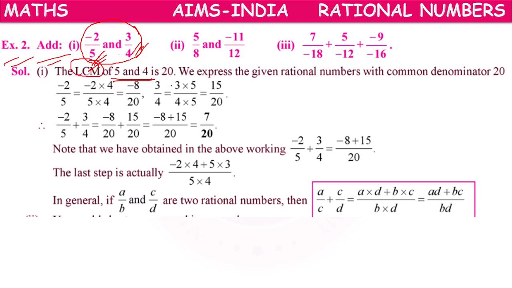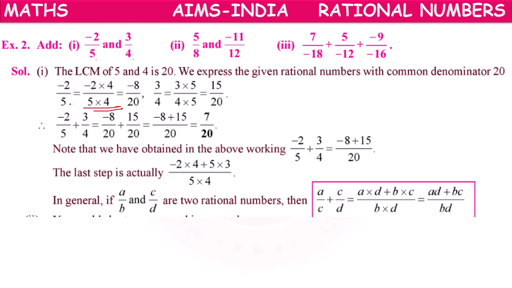So 5, 4: LCM how much, children? 20. So the LCM of 5 and 4 is 20. We have to express the given rational numbers with common denominator 20. So how to change the denominator to 20, children? Here we have 5. To turn it into 20, we have to multiply by 4.